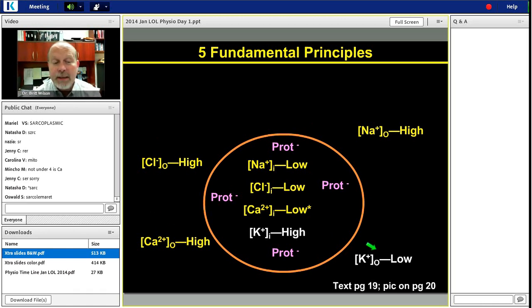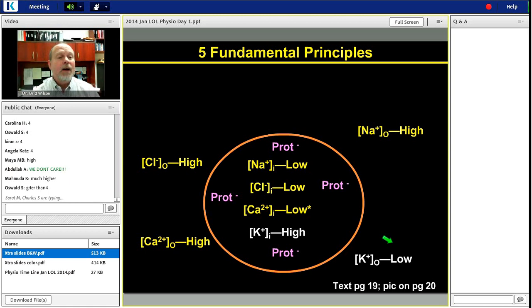What's the extracellular concentration of potassium? 4, exactly, the rule of 4. What's it on the inside? We don't know and we don't care. But it's a heck of a lot more than 4. So, potassium is the only one where we have a whole lot more inside the cell than outside.